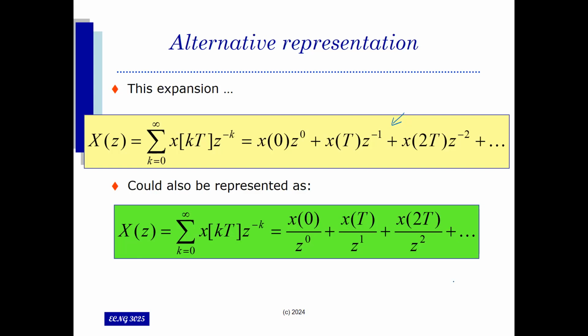The math books or the mathematicians tend to prefer the other form, because I guess the negative indices create somewhat of an issue for them. But it's easy to go from one to the other if for some reason you need to. And as we will see later on when we're doing some filter designs and so on, we have to go back and forth between the positive and the negative indices.